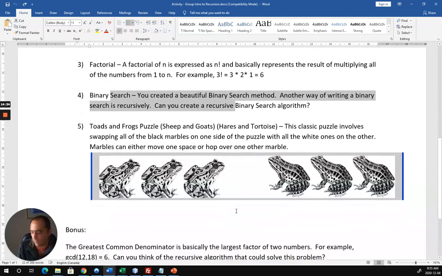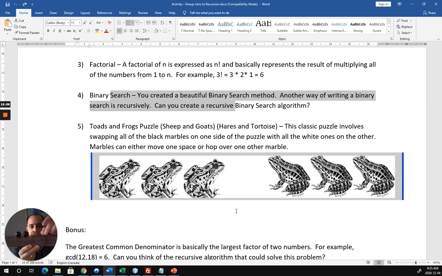The last one is another famous problem, which is toads and frogs. The idea being that you have to get all of these onto the other side and all of these onto this side. And again, with very simple rules. You can only slide these ones in this direction and these ones in that direction only, or you can hop over one other piece.